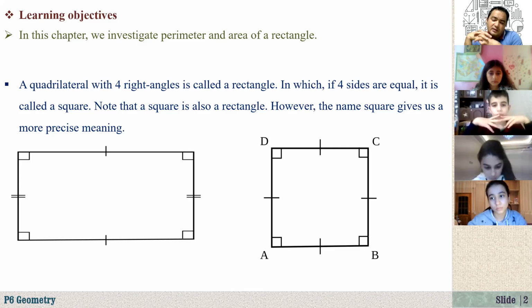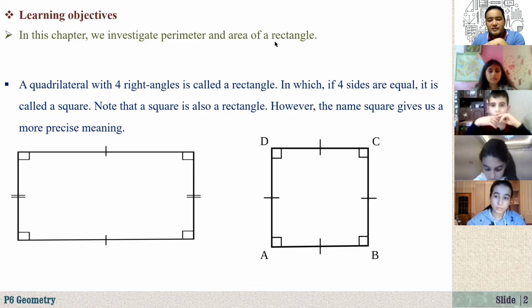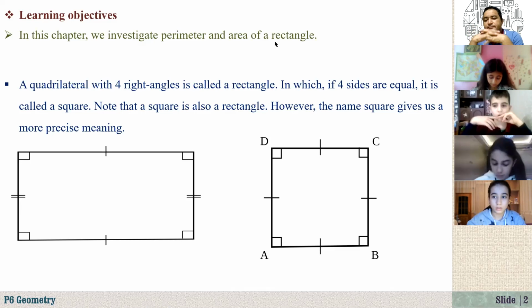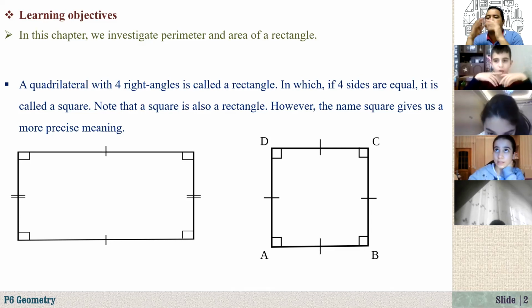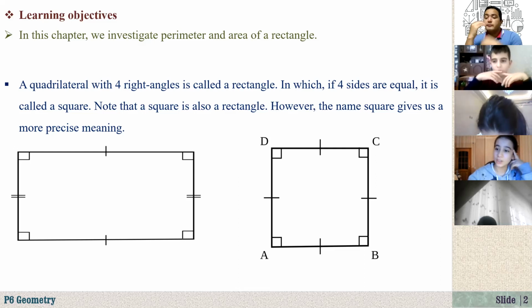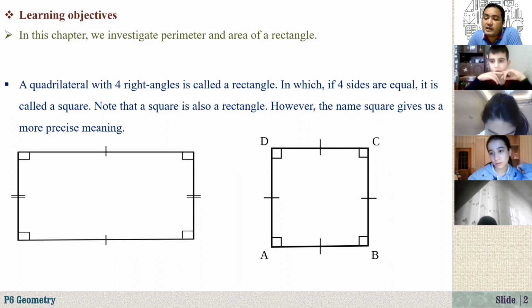Mariam, can you tell us some other simple geometrical figures? What figures do you know? Here we have a rectangle, here we have a square. What else? Maybe a triangle, it's a simple geometric shape. Mariam, can you just name some simple geometrical figures?